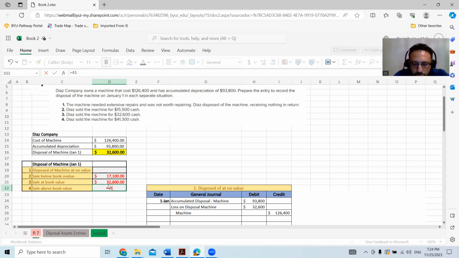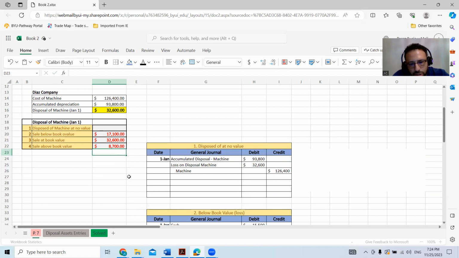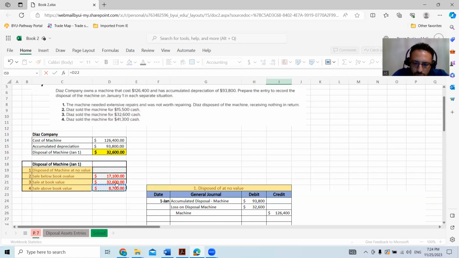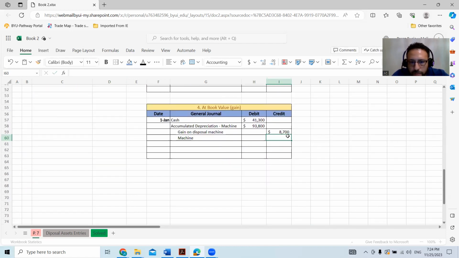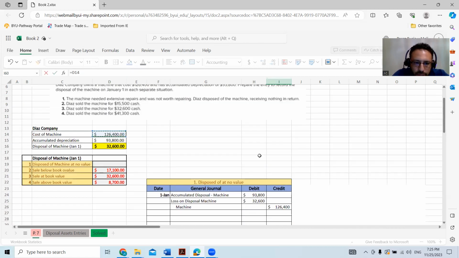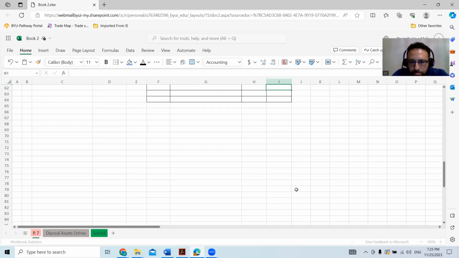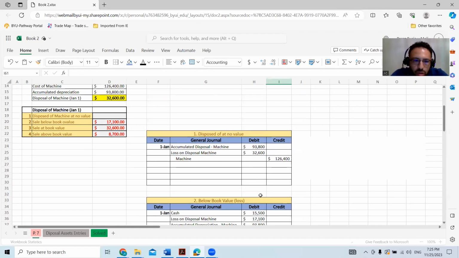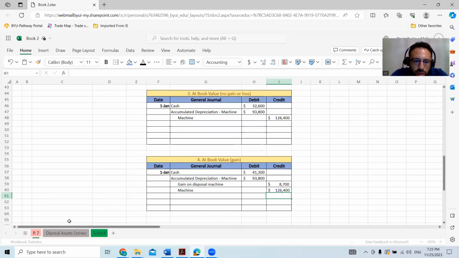Since we got 41,300, and we're going to subtract the book value, we gain $8,700. I can just do this, right? And the machine is always this amount. That's it. We just solved this problem.